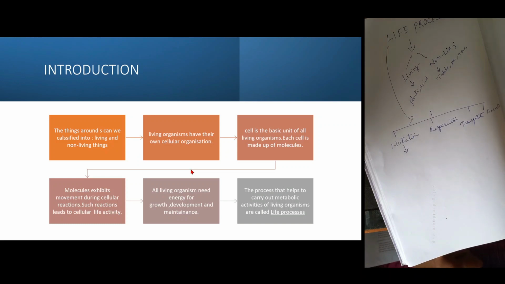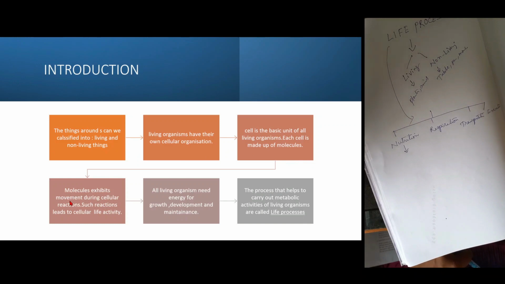As you know, the things around us can be classified into living and non-living. Living organisms have their own cellular organization. Cell is the basic unit of all living organisms. Each cell is made up of molecules.